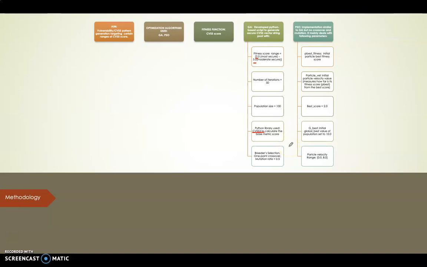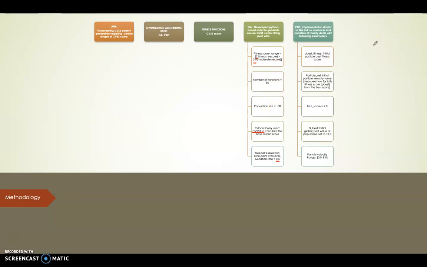And for selection, we use the Breeder's selection and 1-point crossover, and we kept the mutation rate at 0.5. For PSO, the implementation was somewhat similar to GA, but there was no crossover or mutation as such. We kept the number of iterations and population size same as GA to maintain consistency.